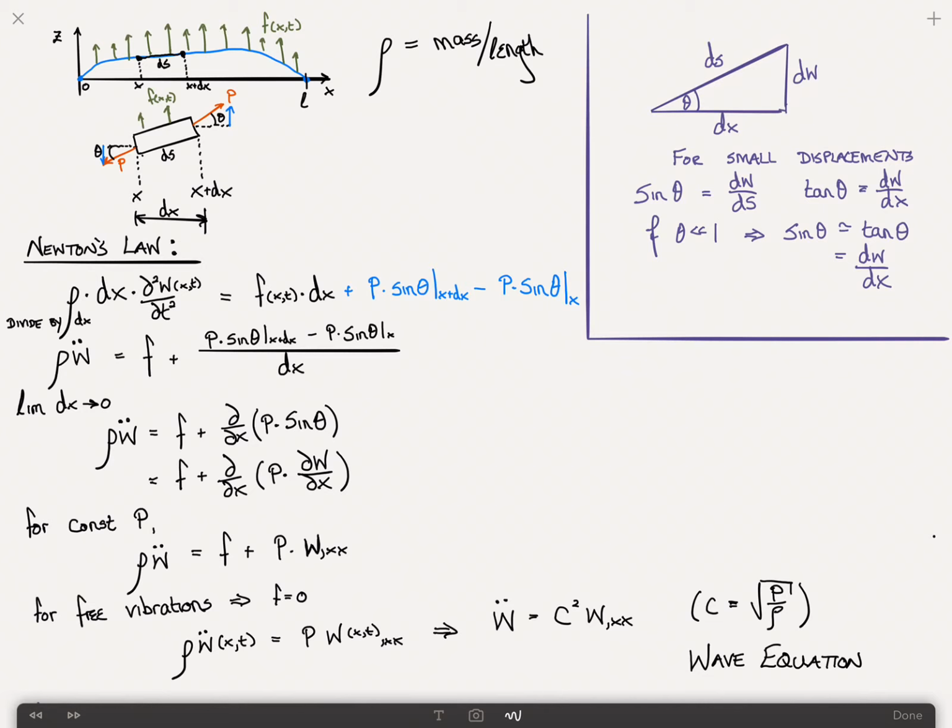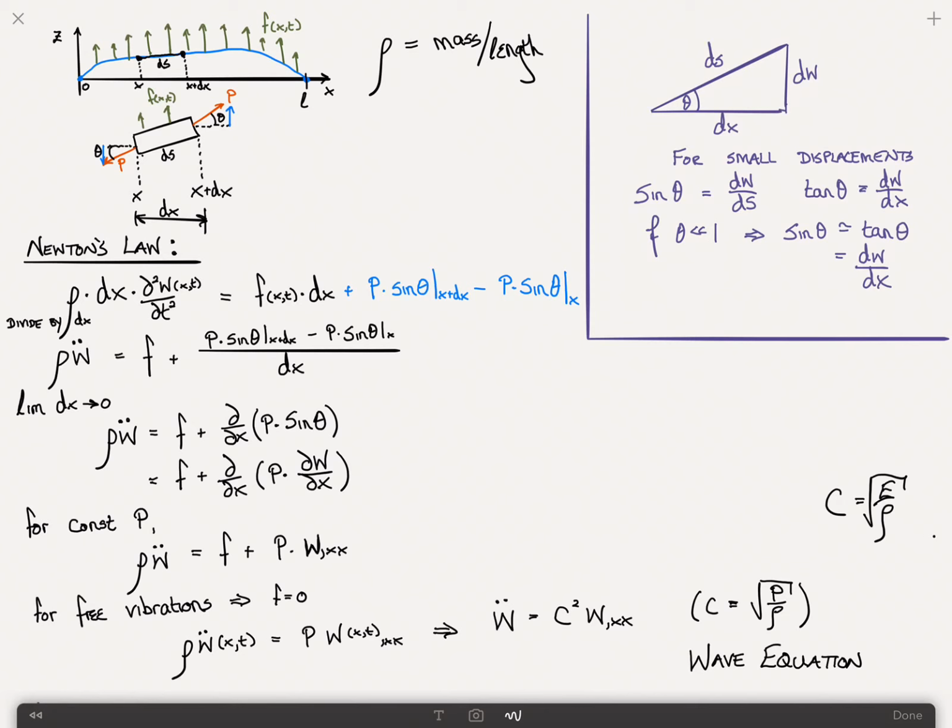So we have a second order partial differential equation. It's second order in time and second order in space. In the case of this wave equation, c is the square root of p over rho, but in the case of the longitudinal vibrations of a bar, we saw that c was the square root of E over rho.